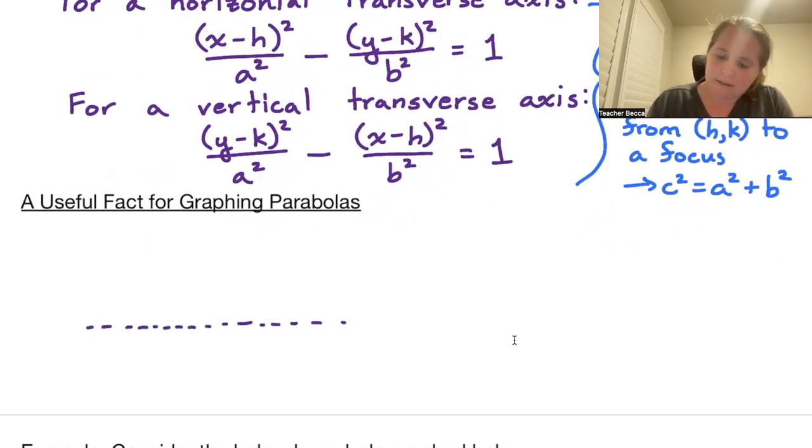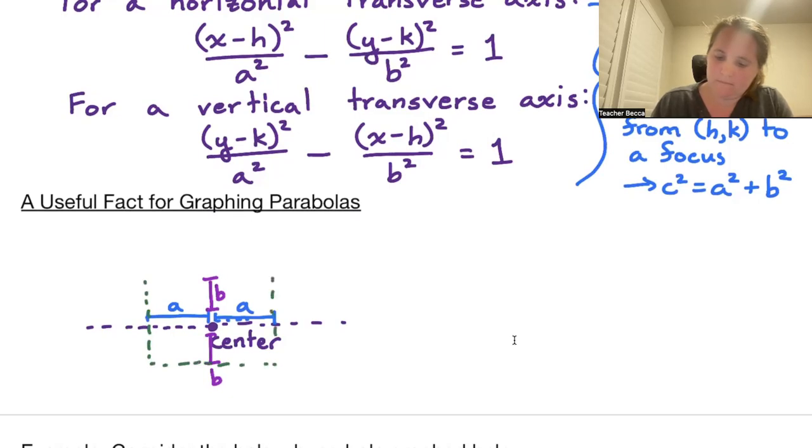If we take our center and go out distance a along our transverse axis, and distance b along our conjugate axis, we create the rectangle with center at (h, k) that has length 2a and width 2b.